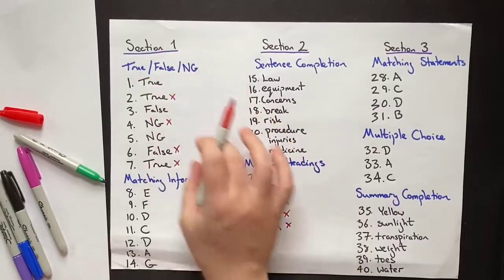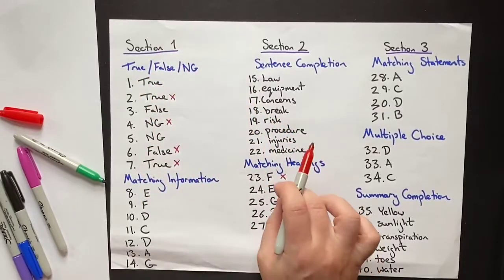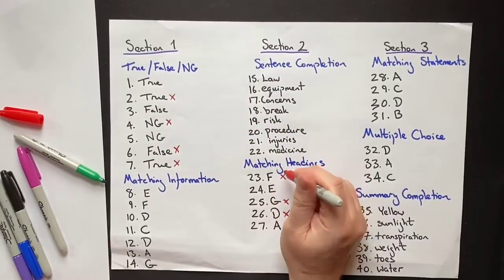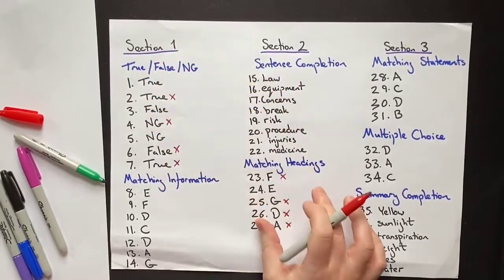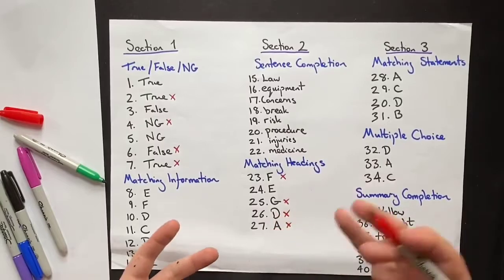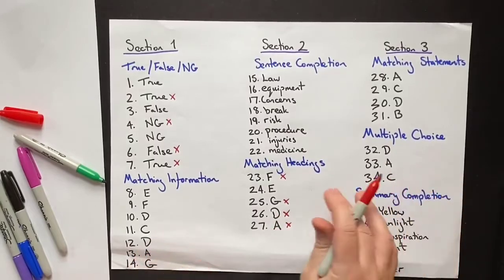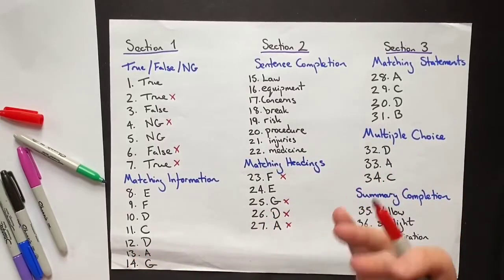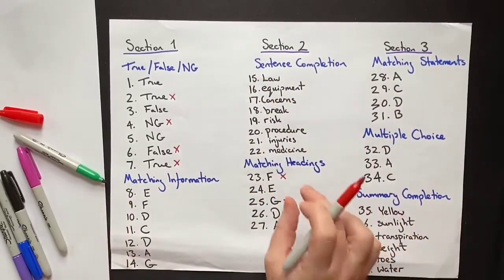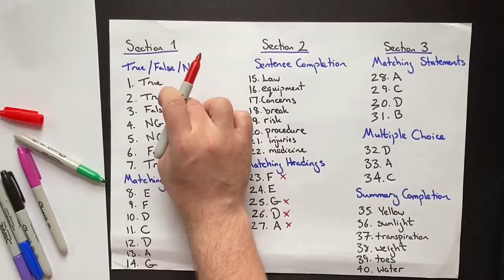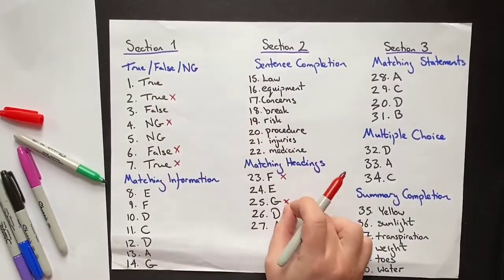So for this student, what they need to do is just focus on a strategy for matching headings and a strategy for true, false, not given. And if they do that, they're going to dramatically improve their IELTS reading score because they are thinking and improving strategically. They're not trying to improve everything. They are identifying the key problem and then fixing that key problem.